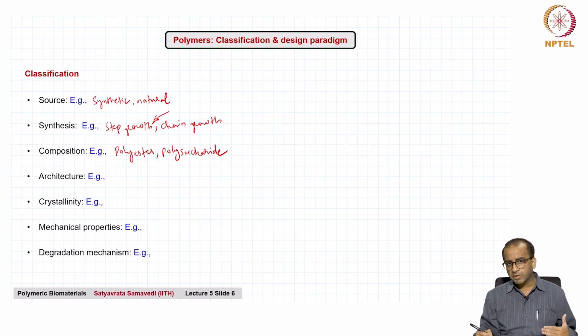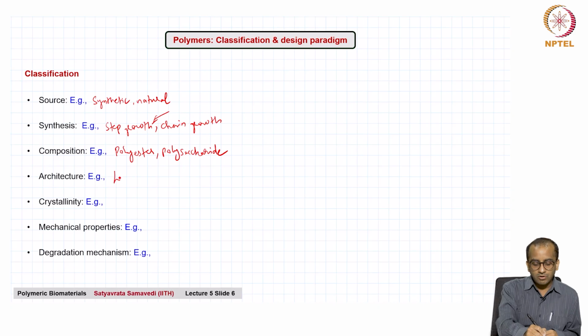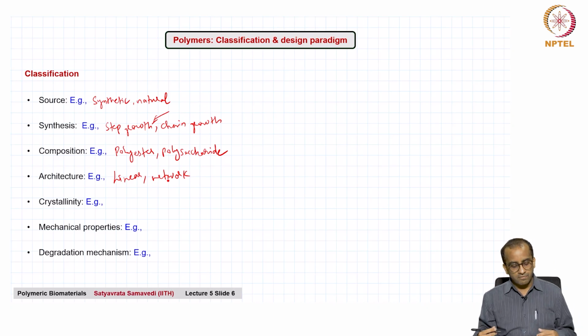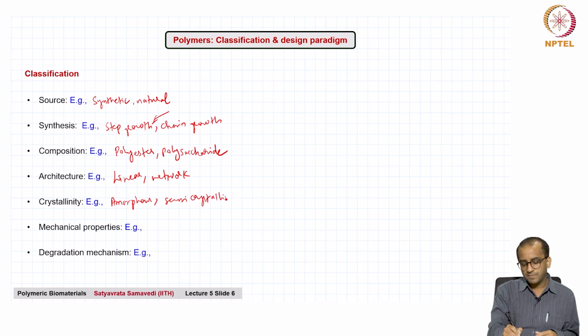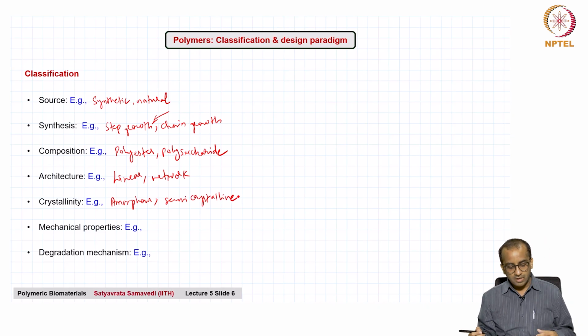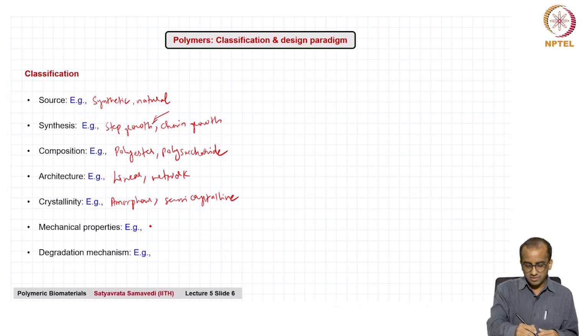If you look at it from the perspective of architecture, you can talk about linear versus network polymers. If you look at it from the perspective of microstructure or crystallinity, you can talk about amorphous or semicrystalline polymers. If you think of mechanical properties, you can talk about thermoplastic or elastomer.